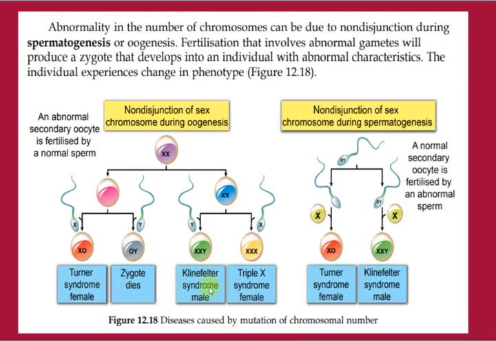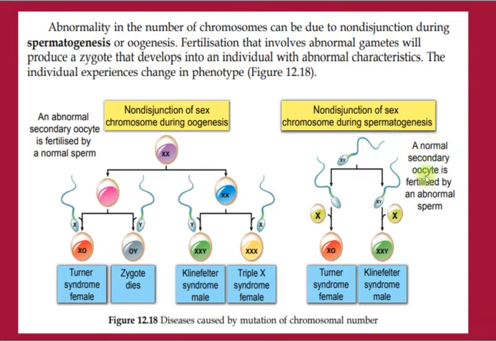And the secondary oocyte with an extra chromosome fertilized with a sperm that carries an X chromosome will produce a zygote with triple X. This refers to triple X syndrome, female. All of these occur with non-disjunction of the sex chromosomes during oogenesis.